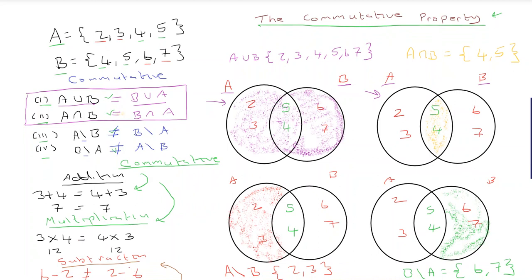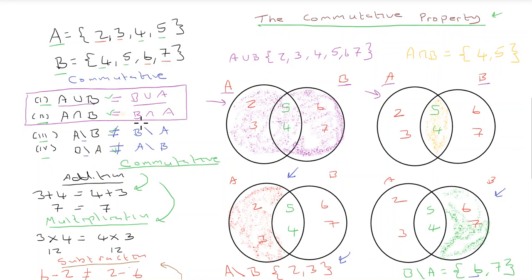If we take A complement B, we get this set of values, whereas if we say B complement A, we get this set of values. So they're completely different values.